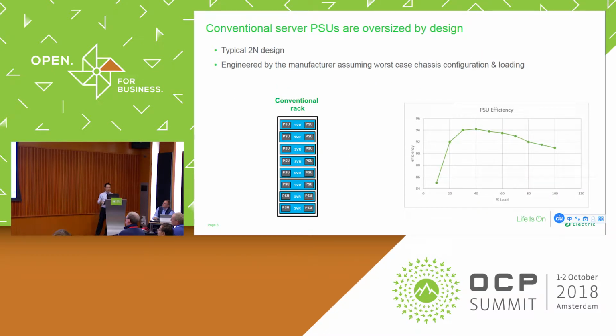Before we get to the results, let's look at how a conventional server power supply is designed. I used to be an electronic design engineer. When I design a product, typically we ask for a safety factor. When I'm using 1 kilowatt, typically for the power supply we put in about 2 times.